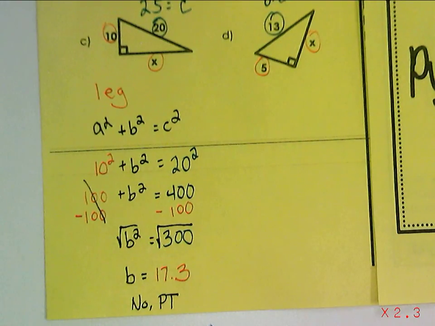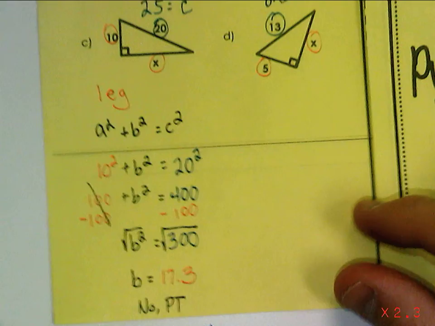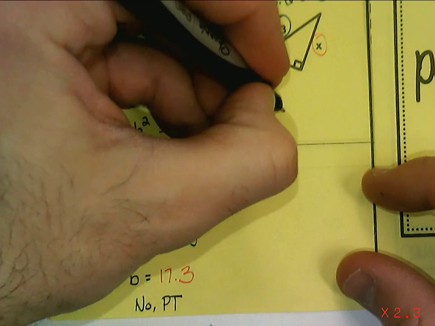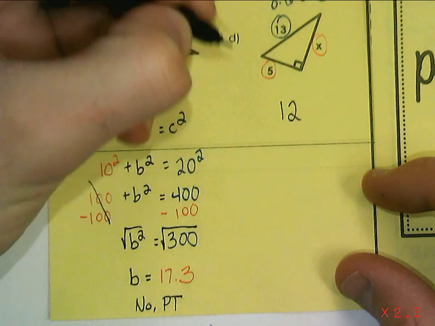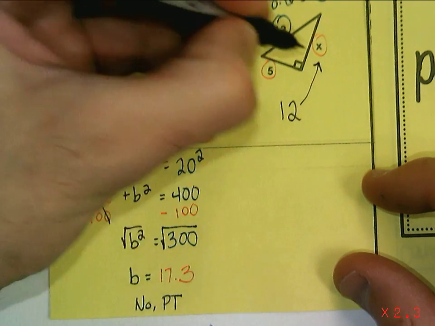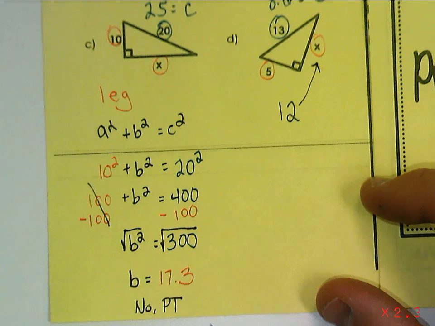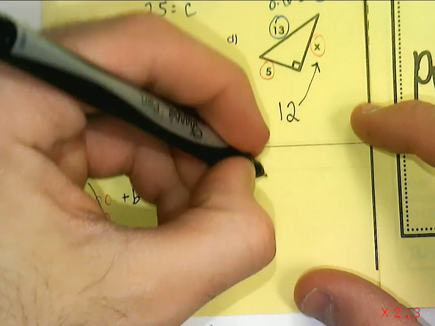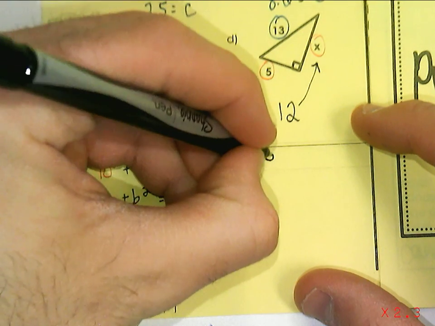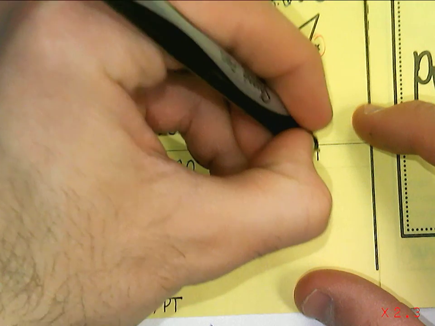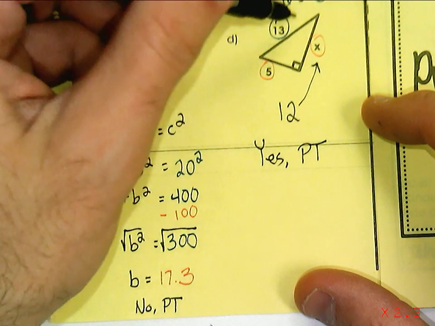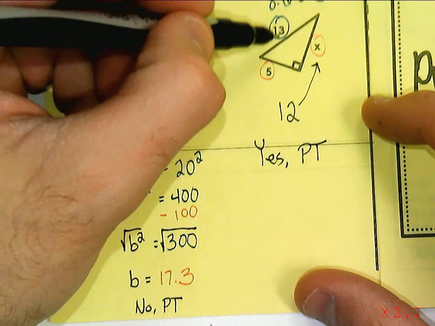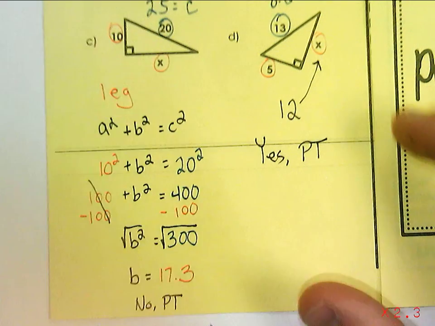After this one is solved, you should have gotten an answer of 12 for this leg here. 12 should be your leg there. And yes, this is a Pythagorean triple because I have three positive integers. So 5, 12, and 13 is a Pythagorean triple.